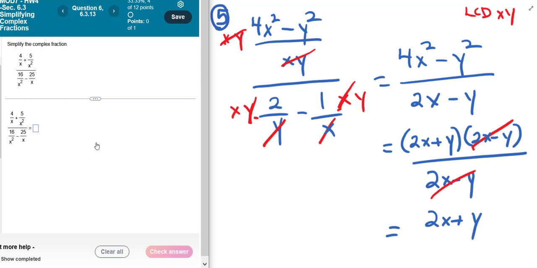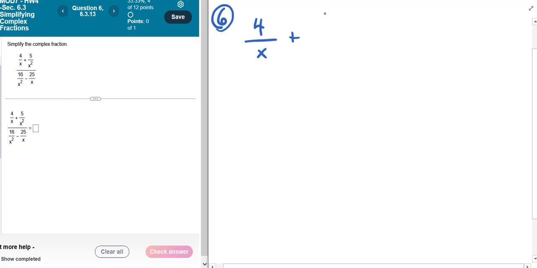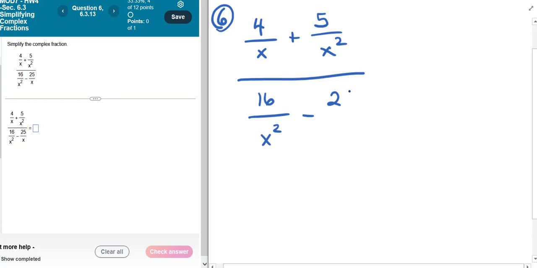All right, question 6 is also an excellent question for this technique. We have (4 over x plus 5 over x squared) over (16 over x squared minus 25 over x).